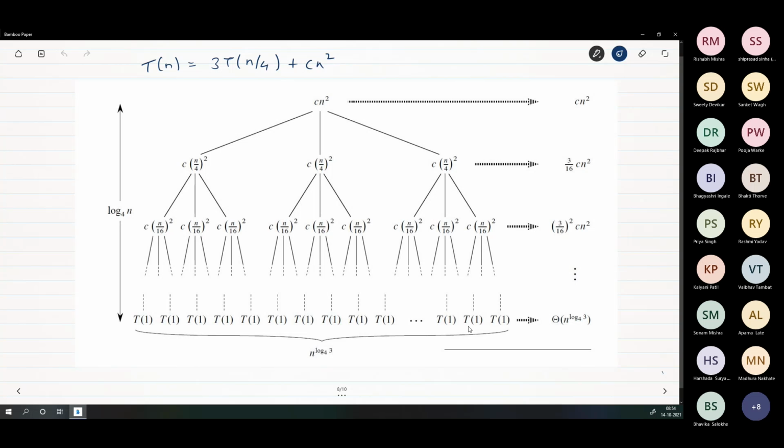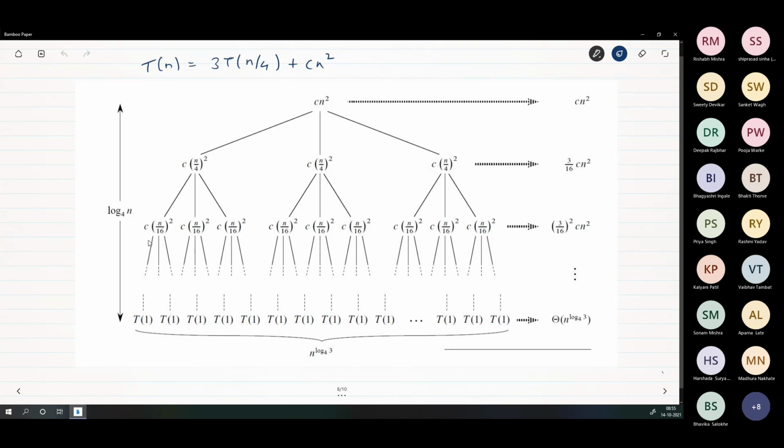That is a question. Firstly, what is the height at which you will get t of 1? It is log to the base 4 of n. Is it clear why? Can someone tell me why it is log to the base 4 of n? I just explained in the previous slide.